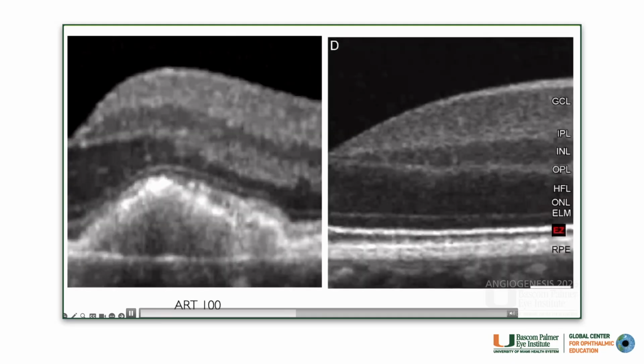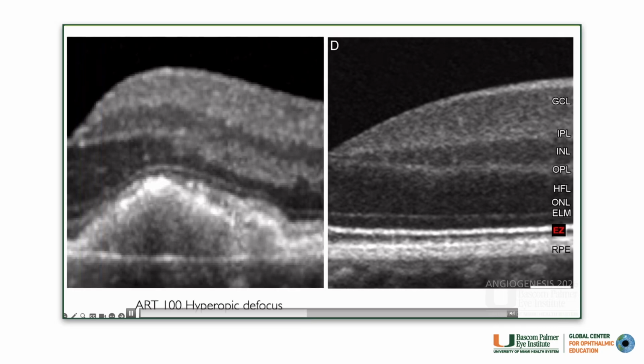But it also depends on the image quality. If we look, for example, at a normal patient, with an average of 100 B-scans you can see the presence of the ellipsoid zone, but that could change, and also the size can change.